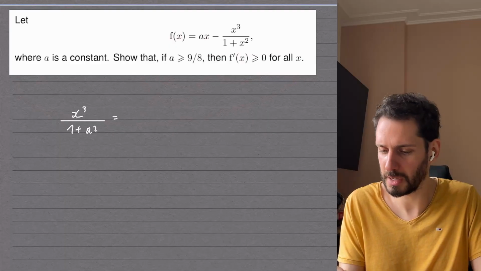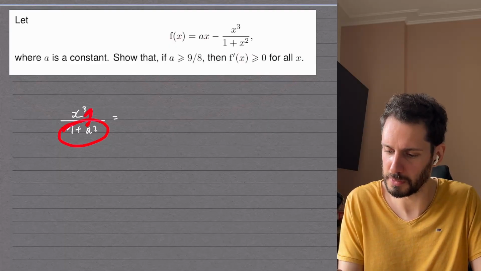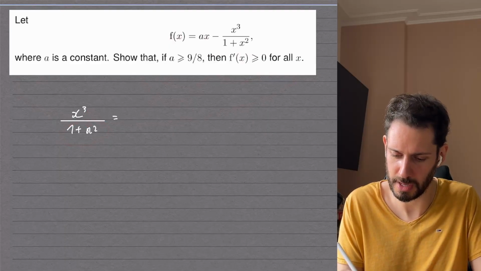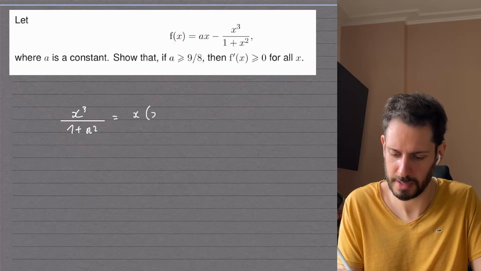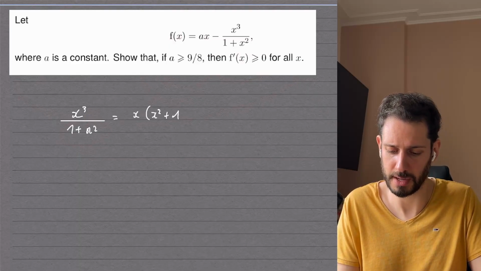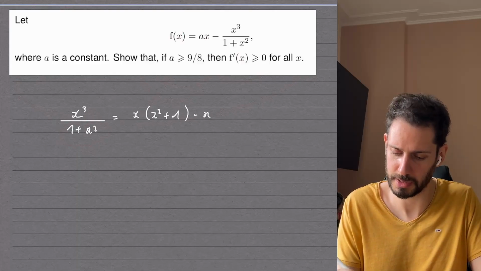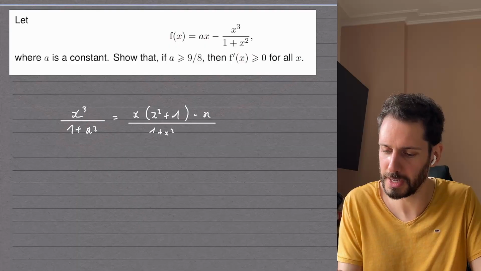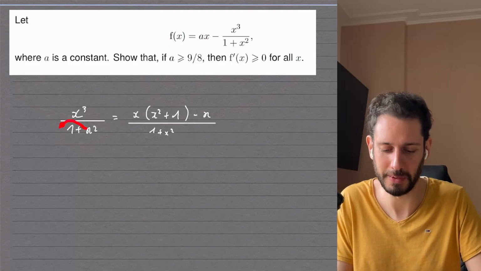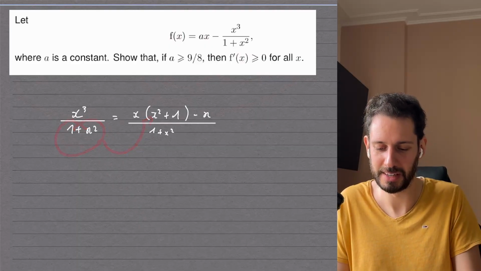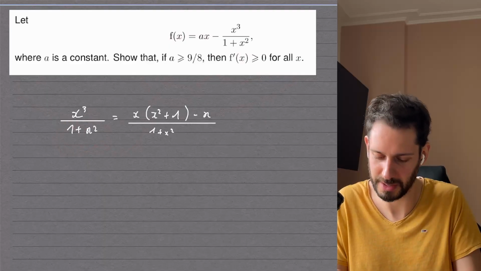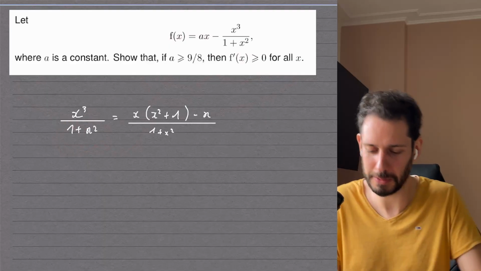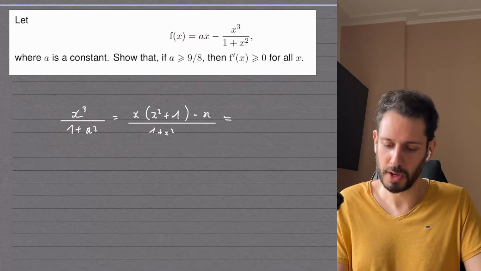I'm going to make 1 plus x squared appear over there. So x cubed is equal to x times (x squared plus 1) minus x. And so when you do this, you have x cubed plus x, minus x, over 1 plus x squared. So I just force the appearance, you make this thing pop out of nowhere, but that's very convenient.